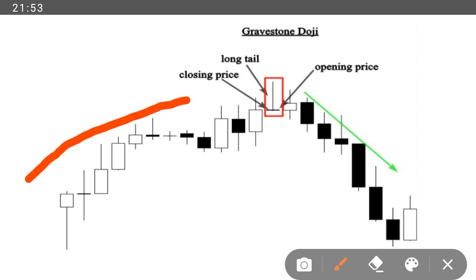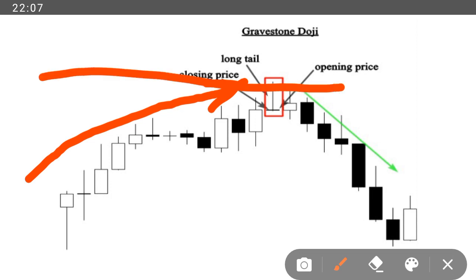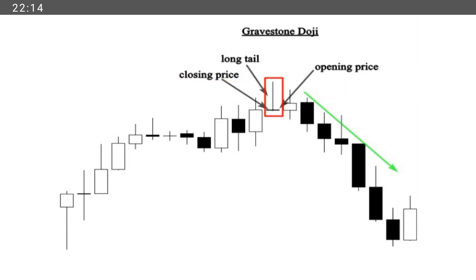Price was going up, flying up, but suddenly there was a gravestone doji candlestick in a resistance area. It has to be a resistance area.